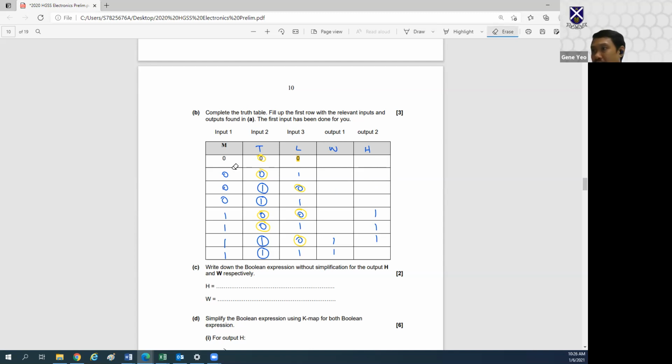Because all of this, the master switch is off, no sensors will work, and therefore none of this will work because the sensors are not working. And therefore, I end up with the truth table like this.